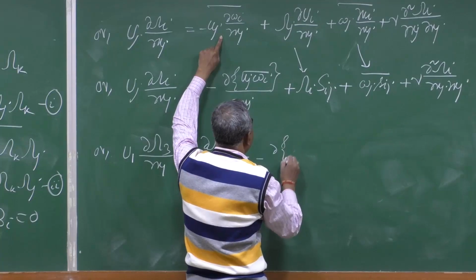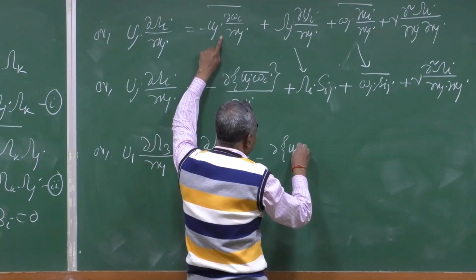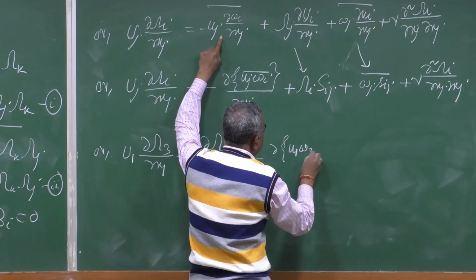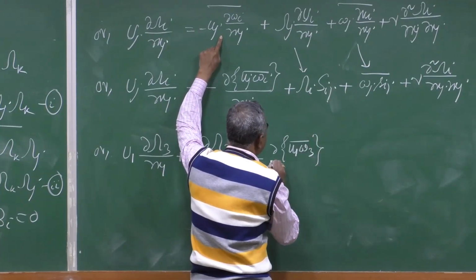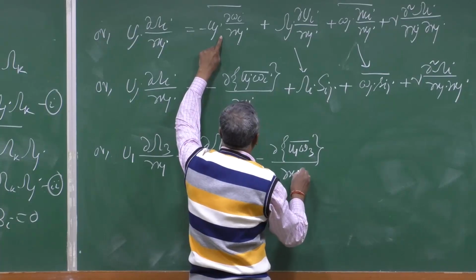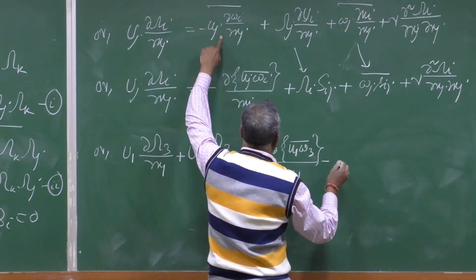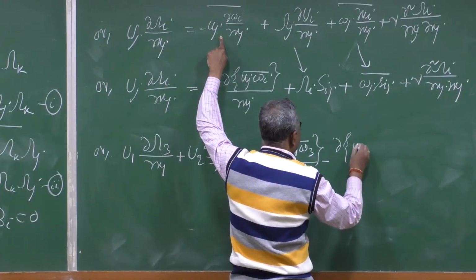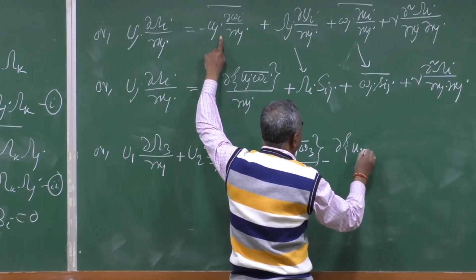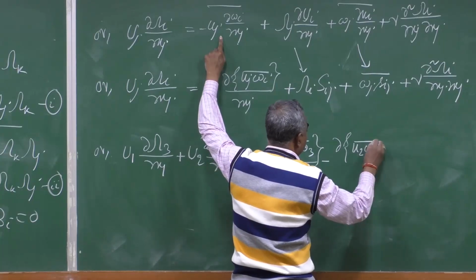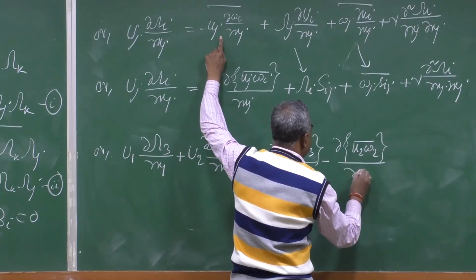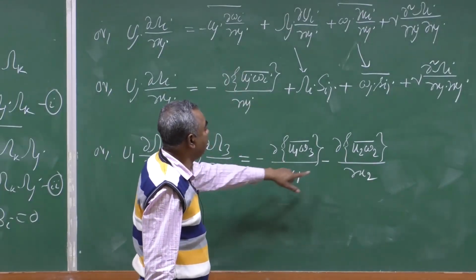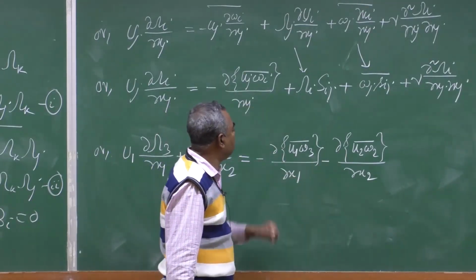So, del x j, j1 omega 3, this is one component, del x 1, minus you are getting another component, that is u 2 omega 2 del x 2, right, because considering j 1 and j 2, these are the two components which are going to be here.